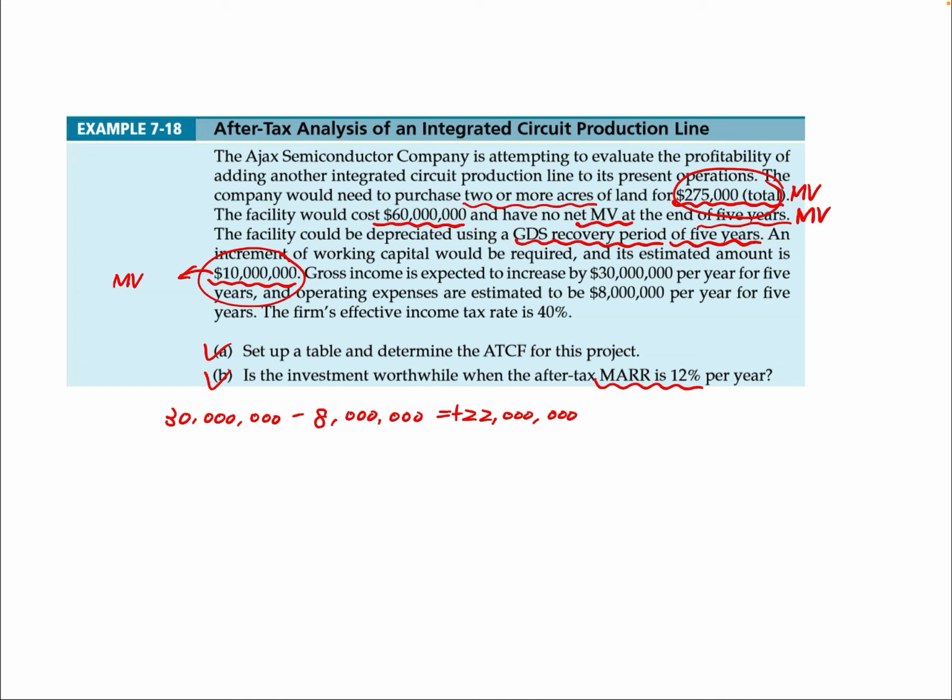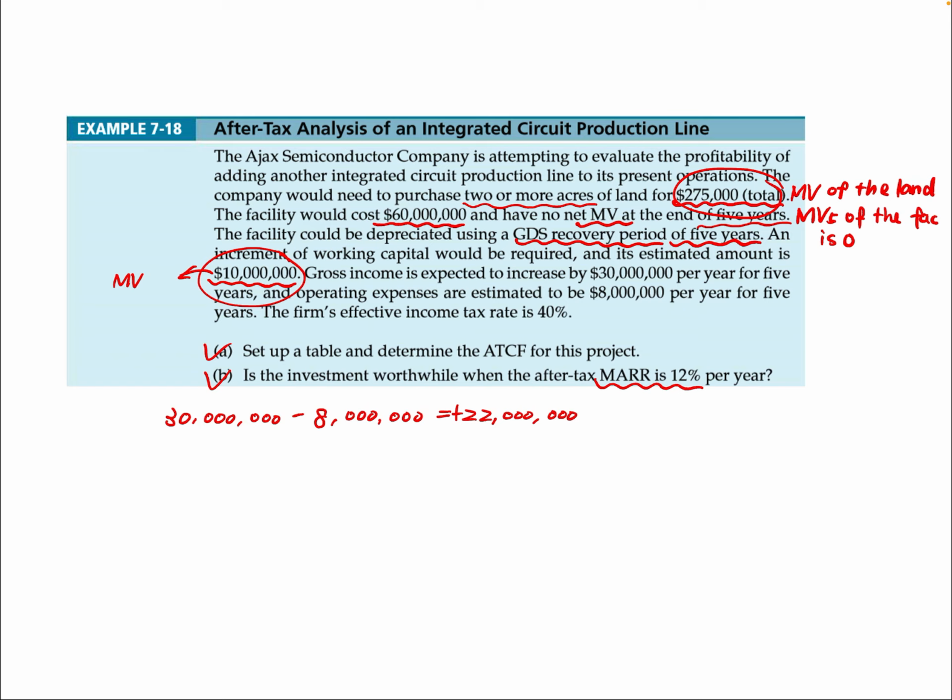So MV5 of the facility is 0, okay? And this first MV is the MV of the land. And remember that land is not depreciated. It's not depreciable. Okay? So you need to keep that in mind.